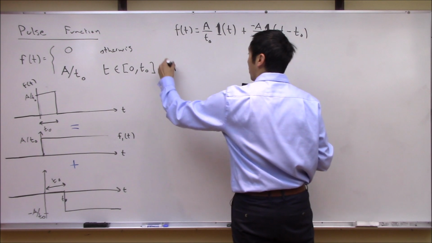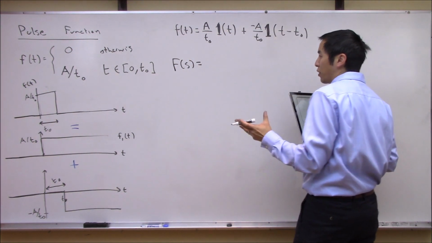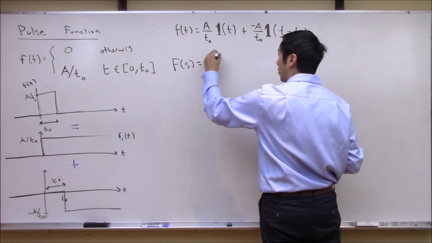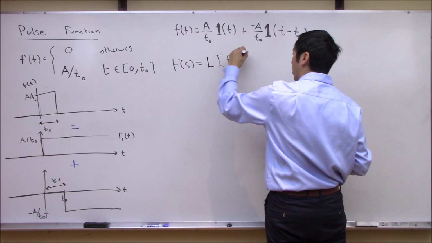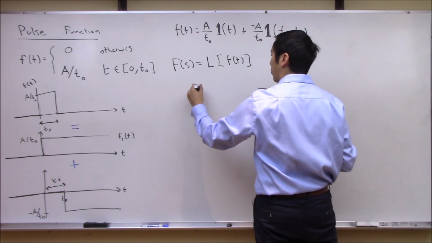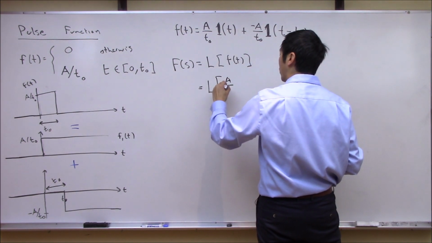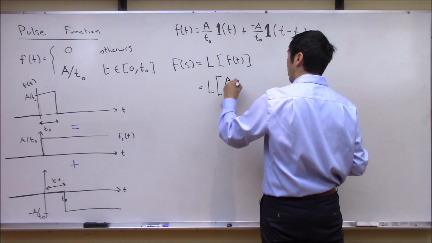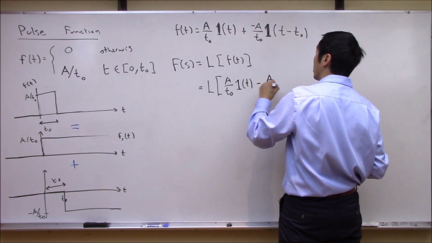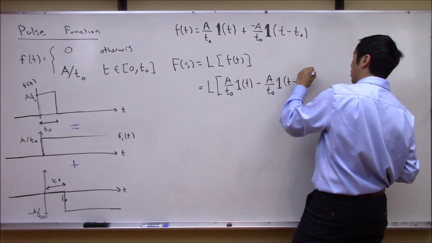So to get the Laplace transform of this, I actually don't even need to really go through cranking through an integral, because what we could do is say that the Laplace transform of this, I'm just plugging this whole expression in here. So we end up with the Laplace transform of this gobbledygook: a over t naught unit step t minus a over t naught unit step of t minus t naught, right?